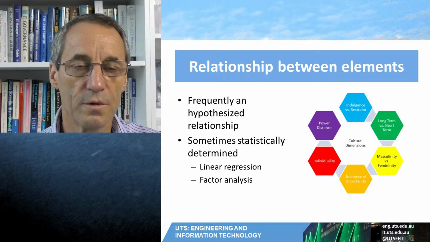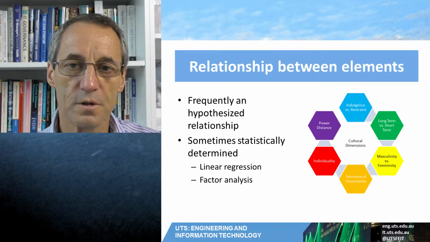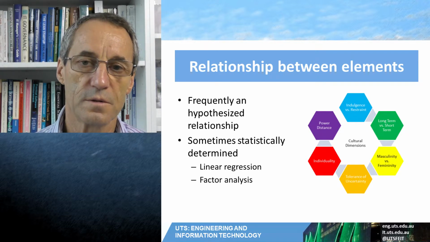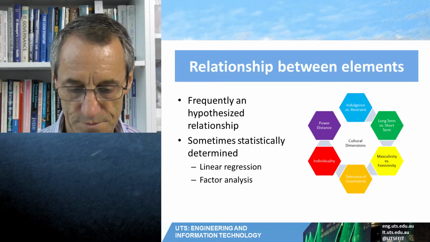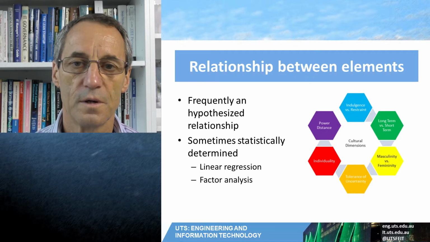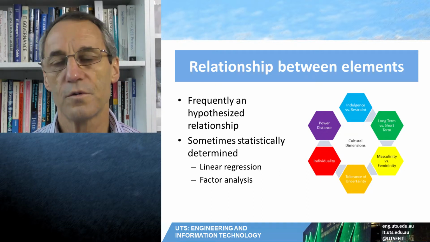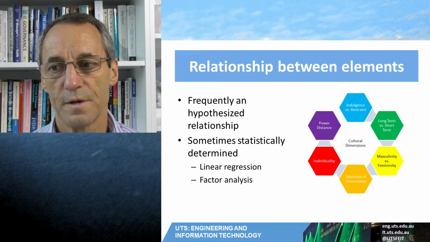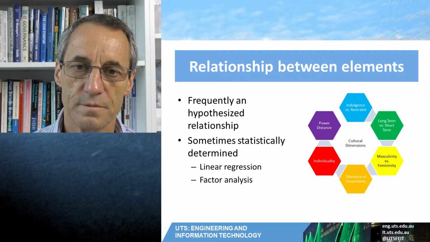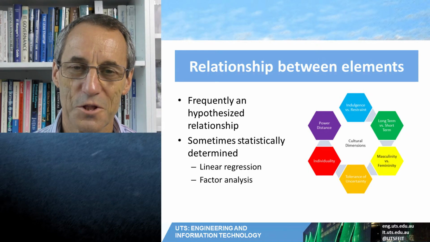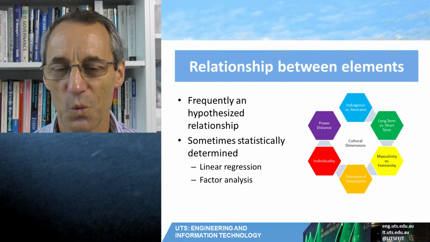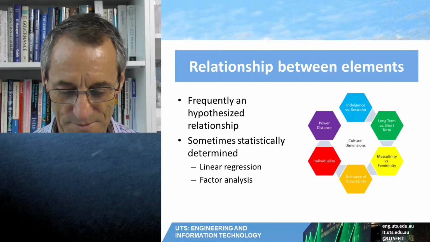Or we know there's a relationship, we're trying to determine the magnitude of it and the direction of it. Sometimes this is done statistically through linear regression, and sometimes it's done through factor analysis. But if you're trying to determine these elements and their relationships, then you can have some fun to try and sort out just what the relationships between the elements are.